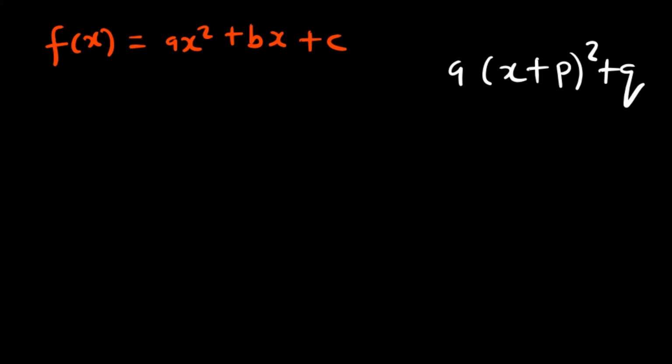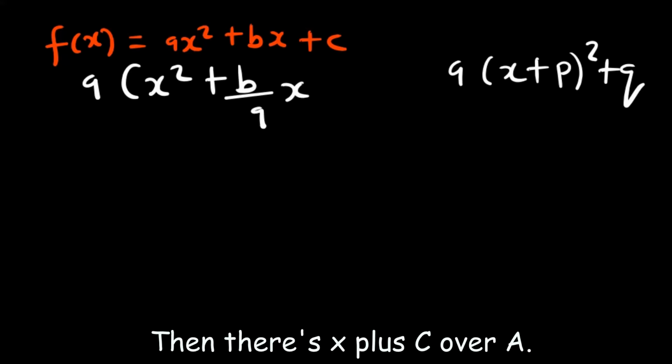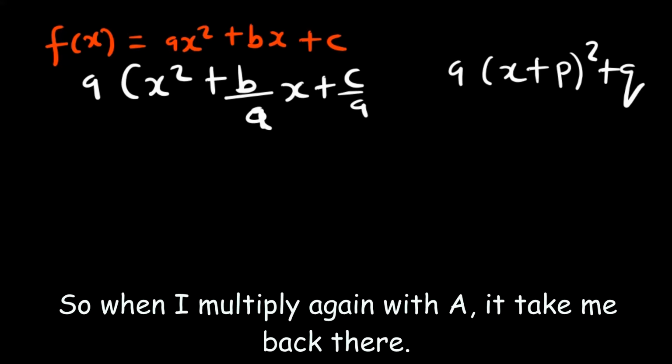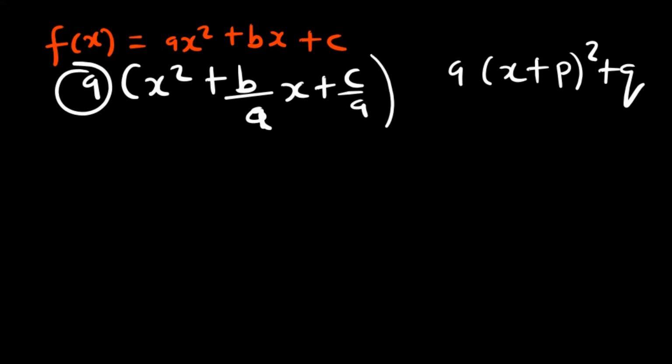Now if I factor out a, I'm going to remain with x squared plus b over a x, plus c over a. So I want, when I multiply again with a, it takes me back there. That's why we've put it like that, so that when you multiply by a, that side is going to remain like that, and this a is going to come here, it's going to cancel, and it's going to give us this answer.